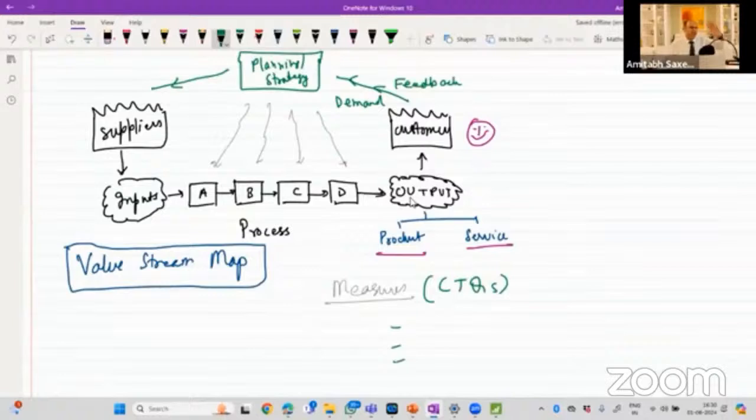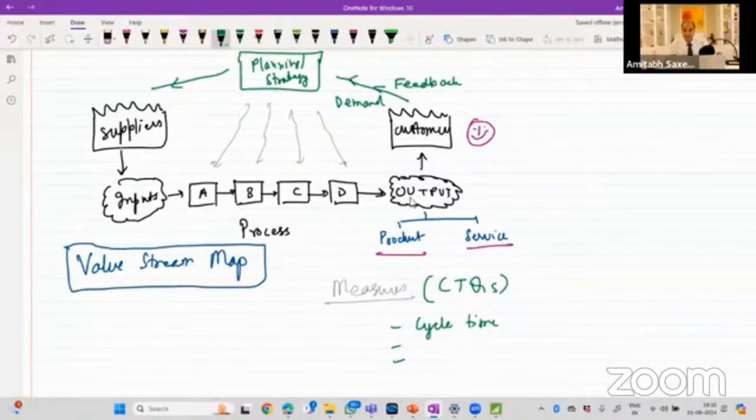The three important measures are always present everywhere. And what are these three important measures? Cycle time of delivery of your product or service.